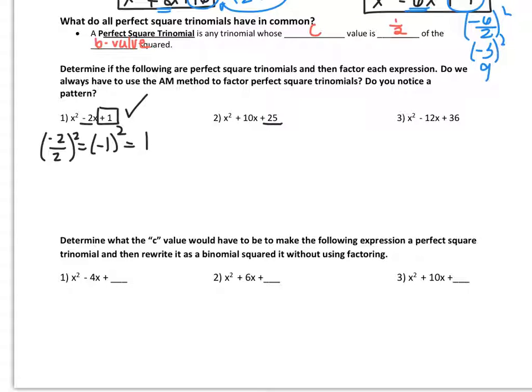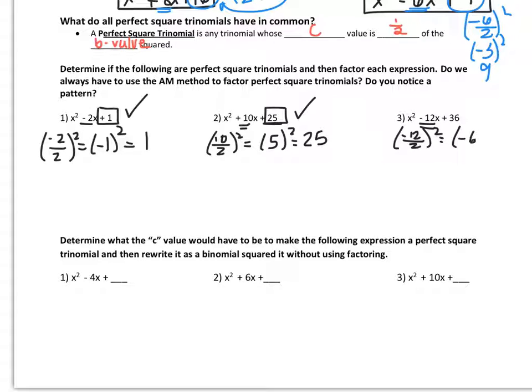Is the C value half of B, squared? Half of 10 is 5. 5 squared is 25. Is that the C value? Yes. Okay, last one. Half of negative 12, squared: negative 6 squared is 36. Is that the C?